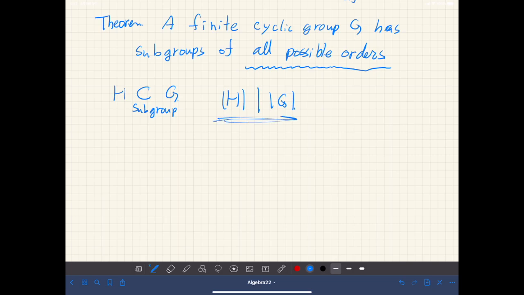So all possible orders means that the orders of subgroups are the divisors of the order of G. So that's what this means. So let's say if the order of G is 6, then all possible orders of the subgroups of G must be 1, 2, 3, and 6. So these are all possible orders of subgroups.